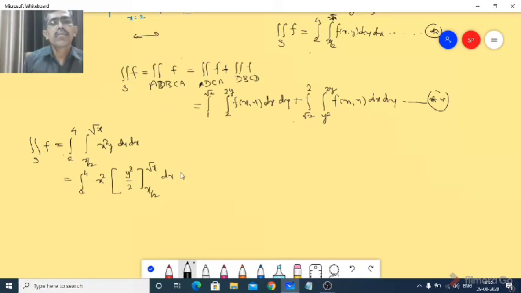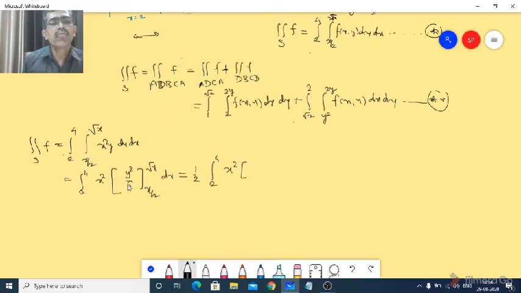So this is equal to half, take it outside, it is a constant. So half integral 2 to 4, x square into bracket, now put upper limit minus lower limit.